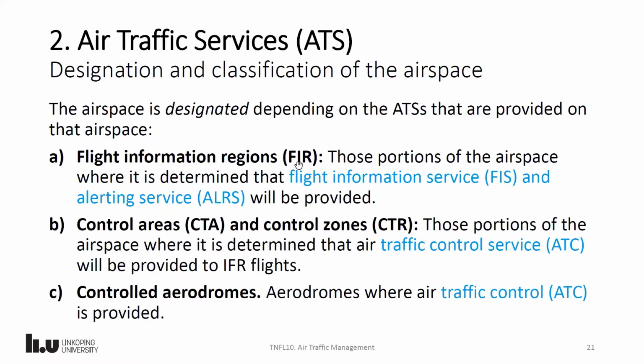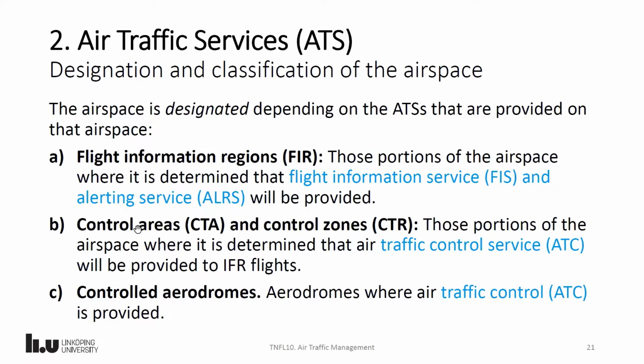These flight information regions are basically all the airspace in the territory of a country. And in these flight information regions, which are very large regions, we always have flight information service and alerting services.